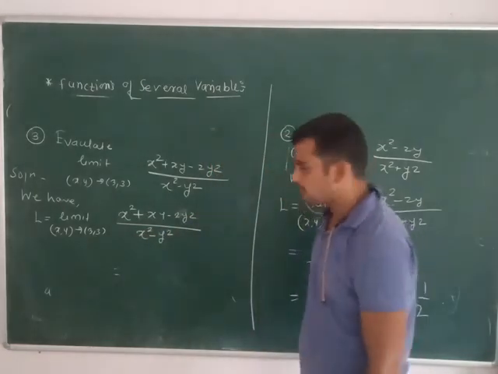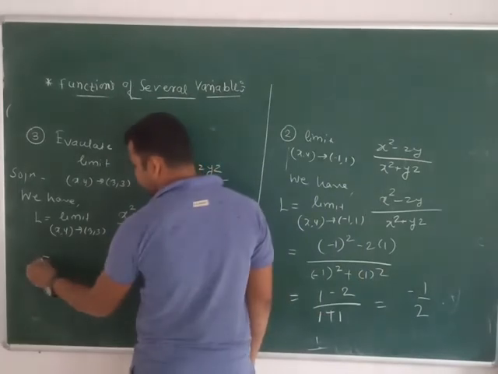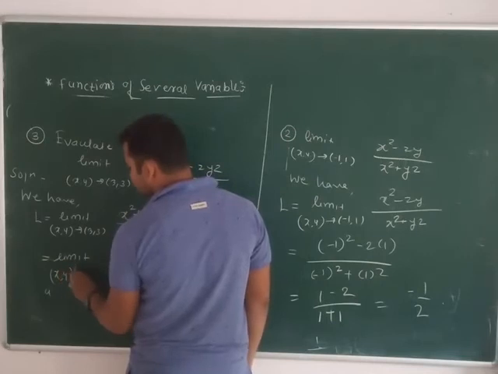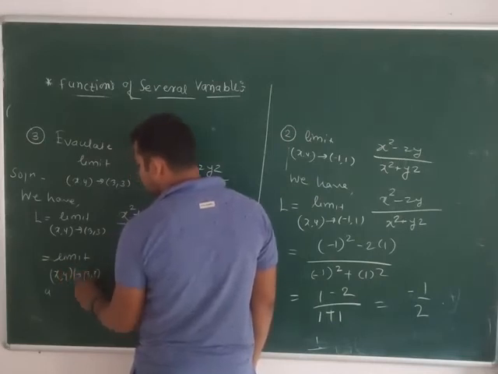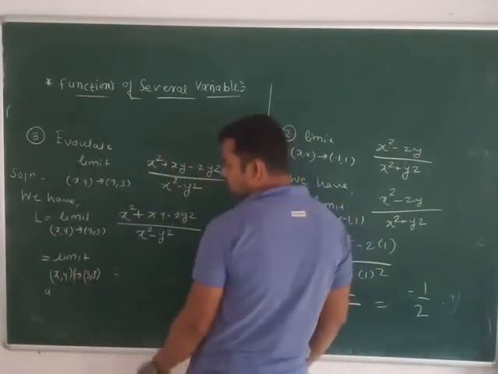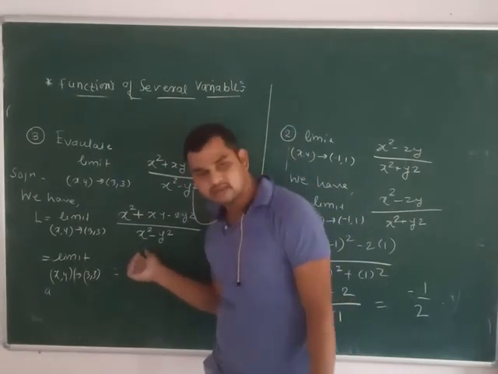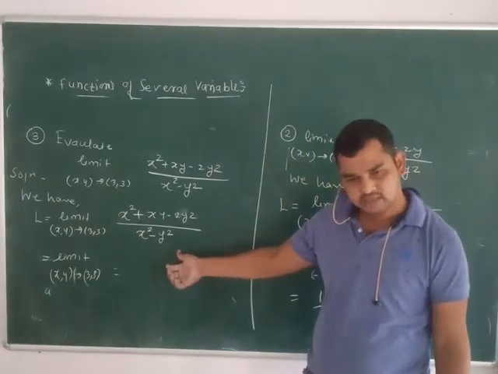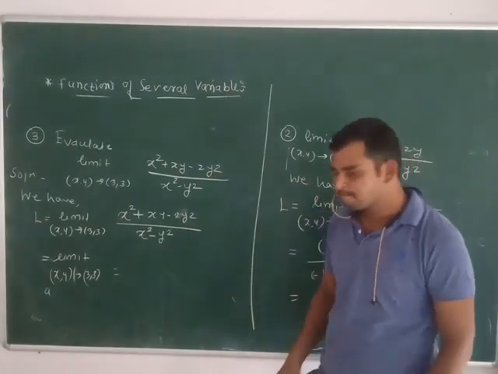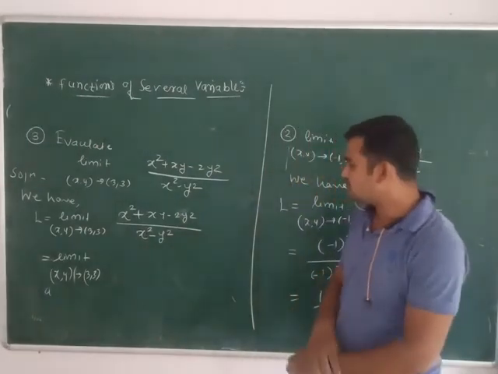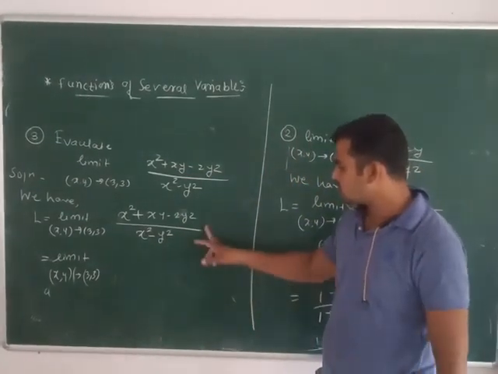Now, if I substitute 3 and 3 at this point, then we get 9 minus 9, which is 0, which is not defined. So further we have to make some simplifications in this function.